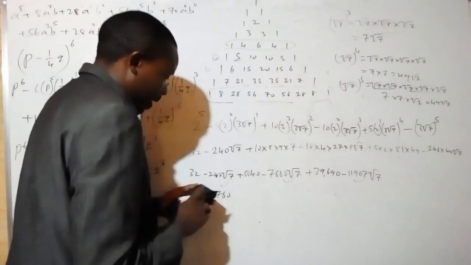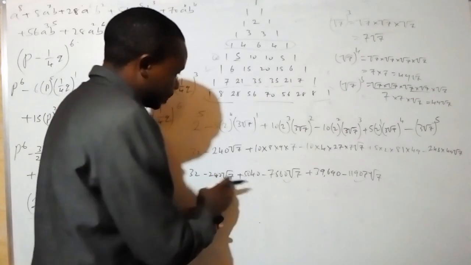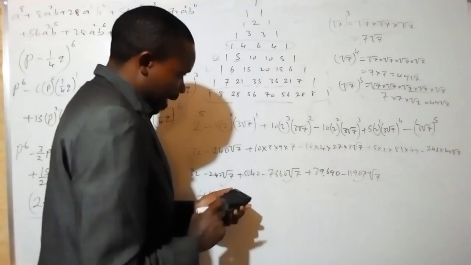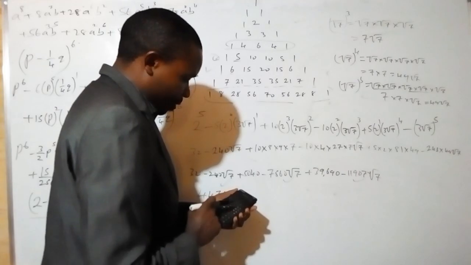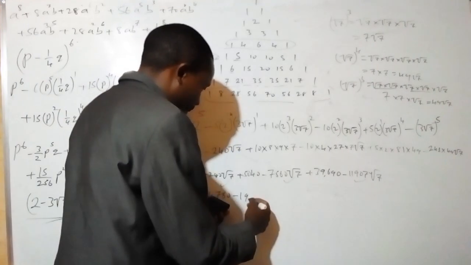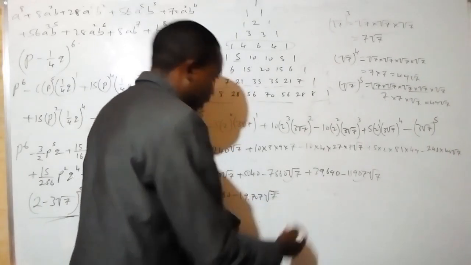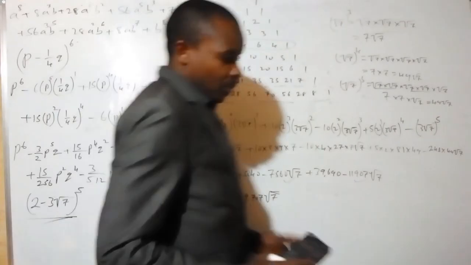Then next we are picking negative 240, negative 7560, and finally negative 11,907. We get negative 19,707, but we are going to have root 7. That is the correct answer. That's how we are supposed to do that question.